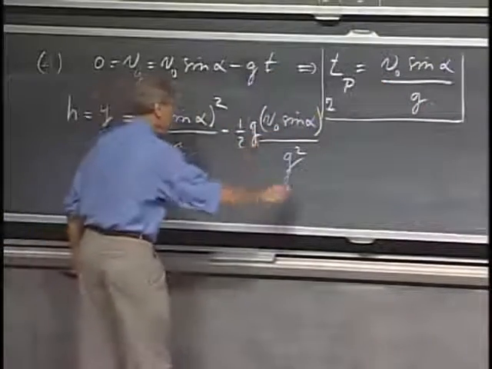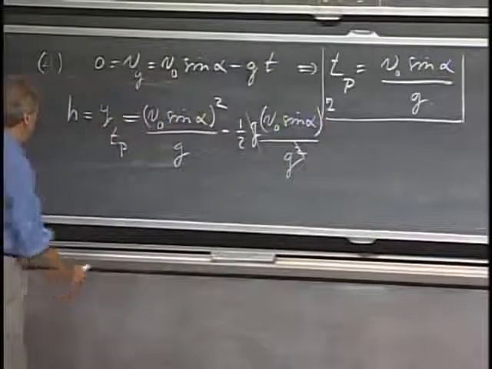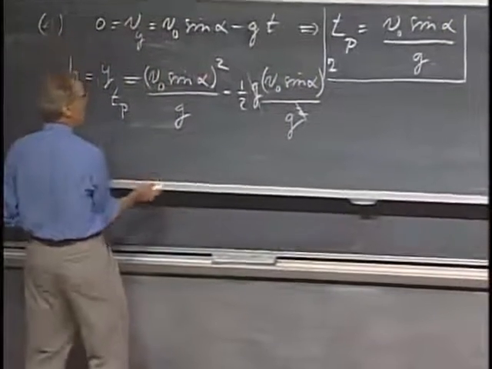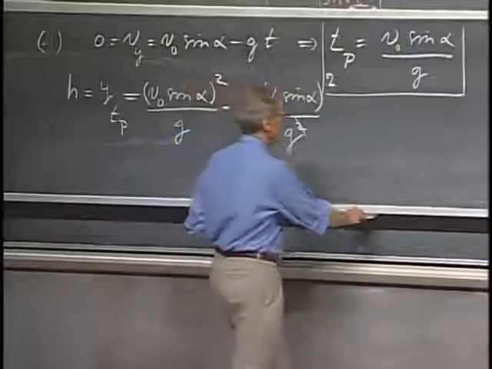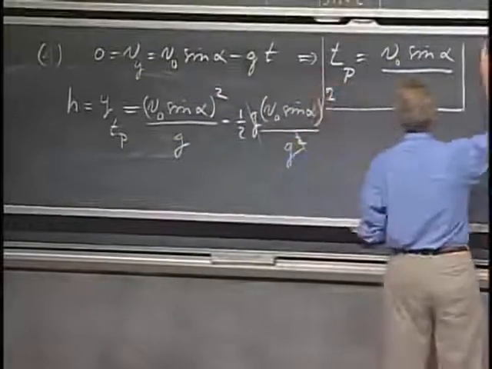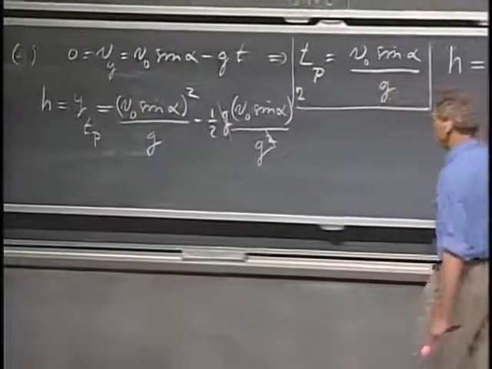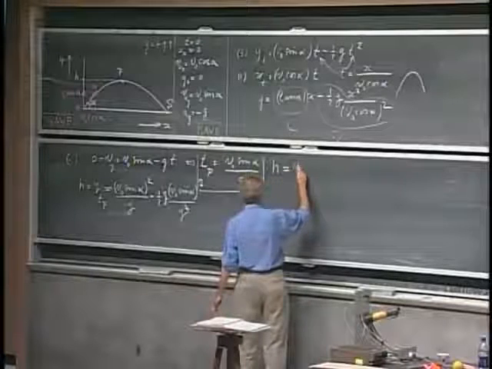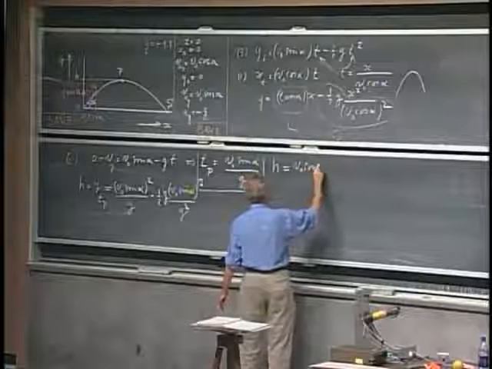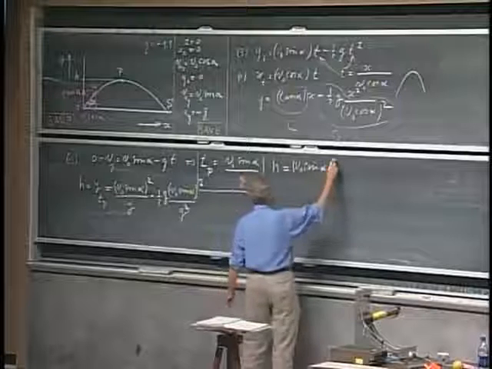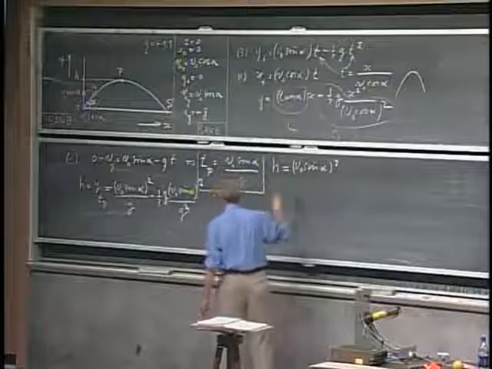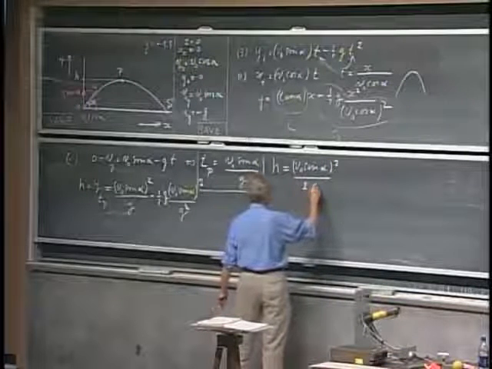You lose one g, and you will find then that the highest point, let's write it down here so that we don't block that blackboard. The highest point in the sky equals v0 sine alpha squared divided by 2g.